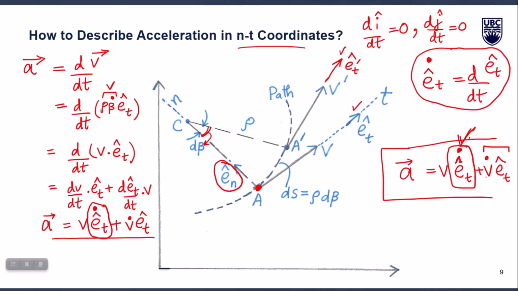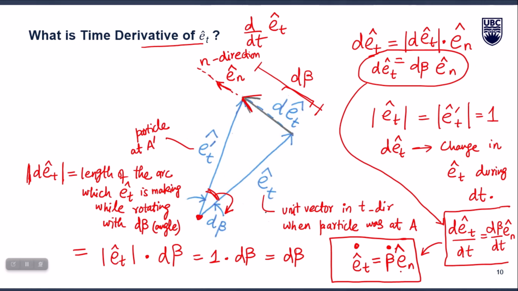So we evaluated that quantity, the first derivative of the unit vector e sub t with respect to time, and it came out to be this thing at the bottom: the first derivative of unit vector e sub t was equal to beta dot times e sub n.